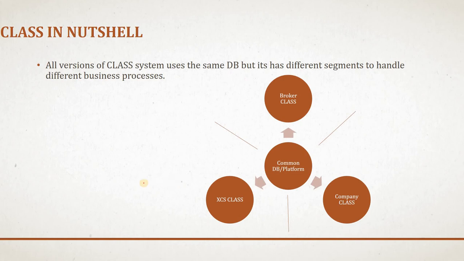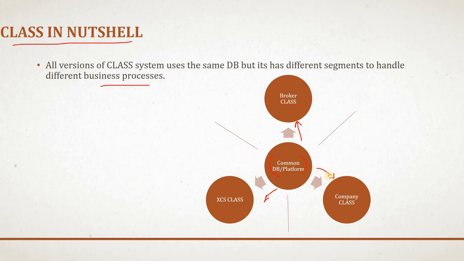So what is CLASS in a nutshell? All versions of CLASS use the same DB, but have different segments to handle different business processes. It has a common DB and infrastructure platform, but different processes for broker CLASS, for XCS CLASS, and for company CLASS.